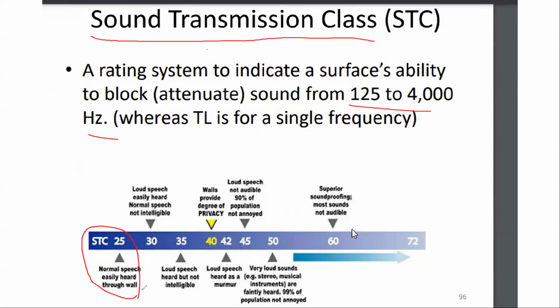If you go to, I don't know, a hotel that is not good for acoustics, you can hear your neighbor next door, what they're talking about. We all have that experience, right? Then at 40, if something is STC 40, you will have some sort of privacy. And then here is something very interesting. At 50, very loud sounds are almost blocked. And it can go all the way up.